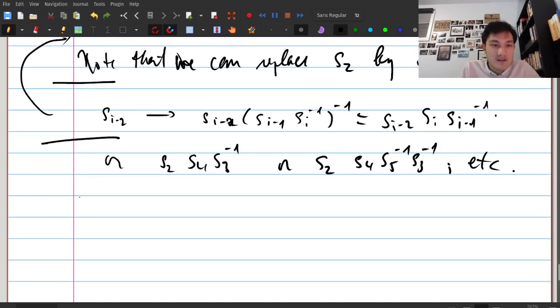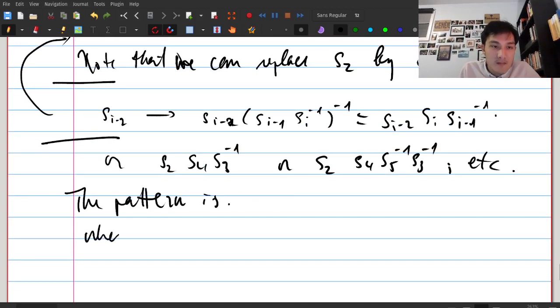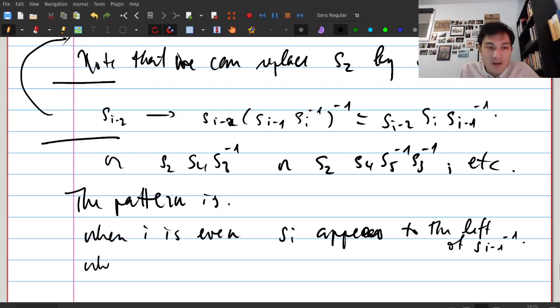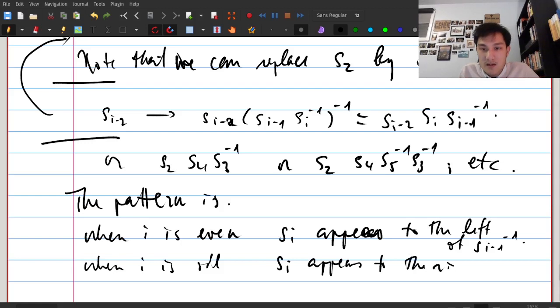The pattern is, so here's the pattern. When i is even, Si appears to the left of Si minus 1 inverse, and when i is odd, Si inverse appears to the right of Si minus 1.